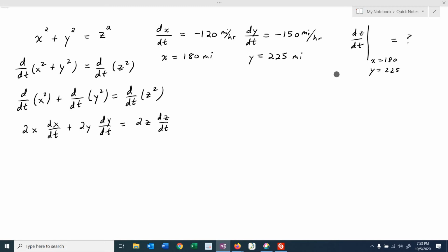Okay, so now we have to solve for dz/dt. So we can divide everything by 2. Let's divide both sides by 2. That's just going to leave us with x dx/dt plus y dy/dt, and that's going to be equal to z times dz/dt.